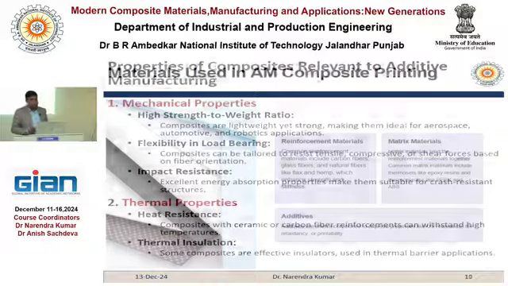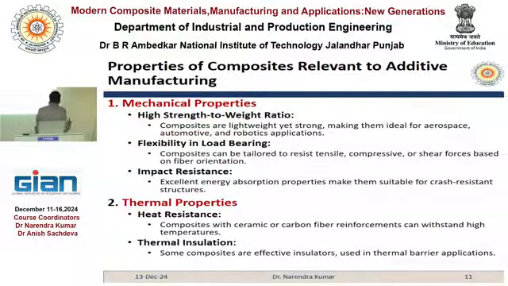Properties that are relevant to additive manufacturing. Here the mechanical properties like high strength to weight ratio, flexibility in load bearing. Flexibility in load bearing means we can align the fiber, we can orient the fibers along the load direction, right?